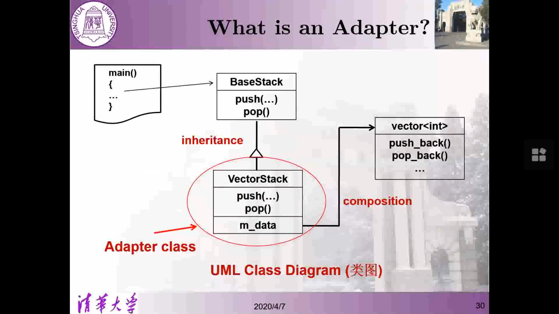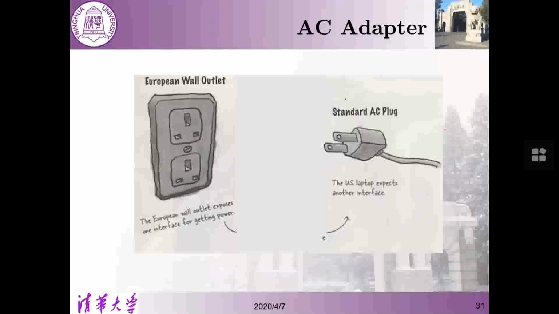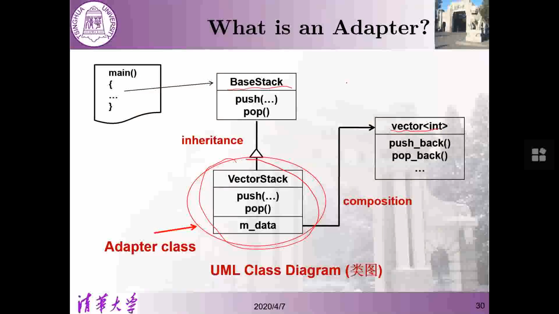In the adapter design pattern, we can see that we access the base class or interface class, right? Then we have this adapter class, which adapts STL vector, and uses STL vector functions to finish the required function.